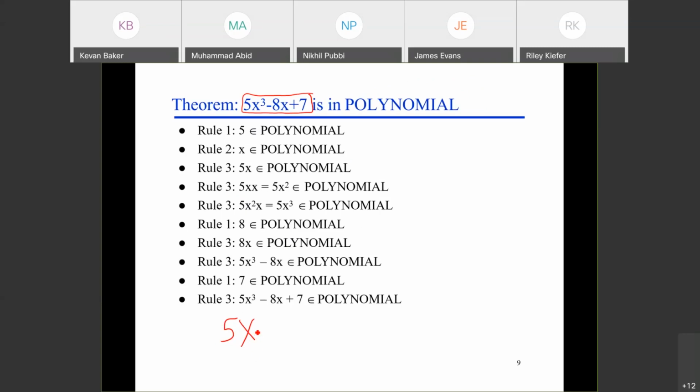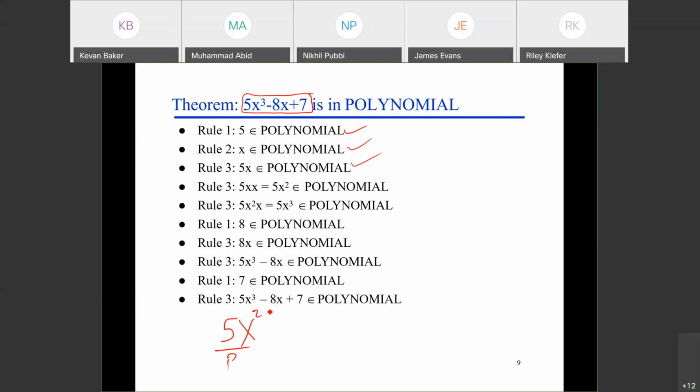Okay, and then I am saying that another x is also in polynomial. So now I add another x, and this is my P, this is my Q. By using rule 3, where you concatenate P and Q, you are saying concatenate that, and it means that 5xx, which is 5x square, is in polynomial.